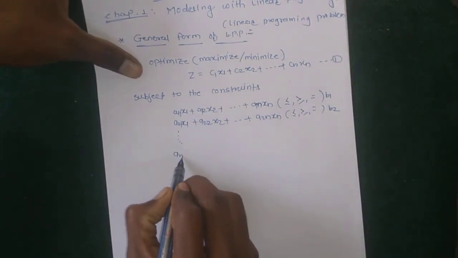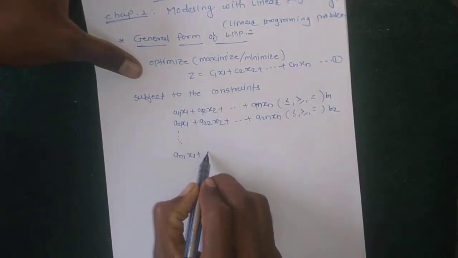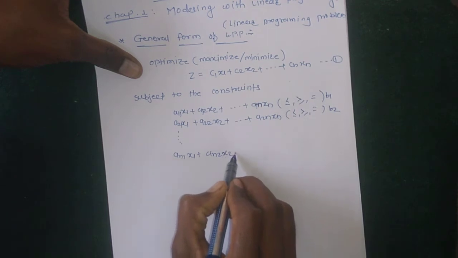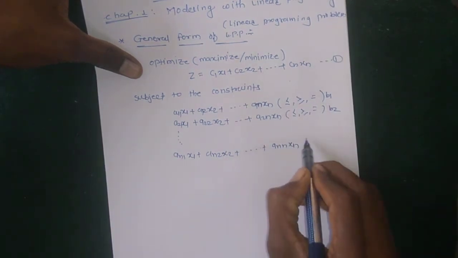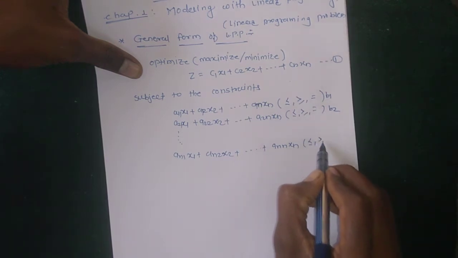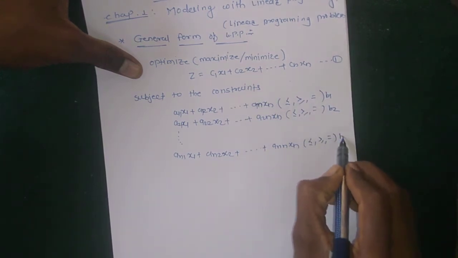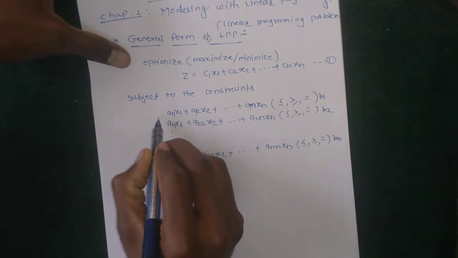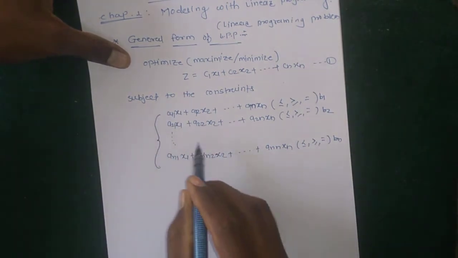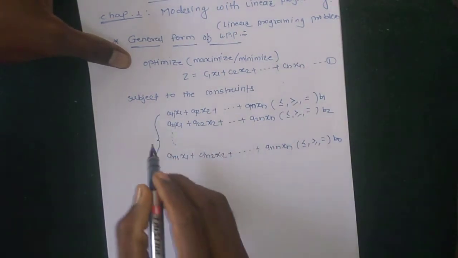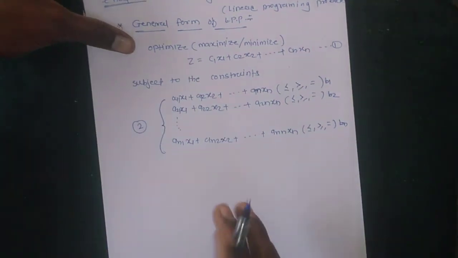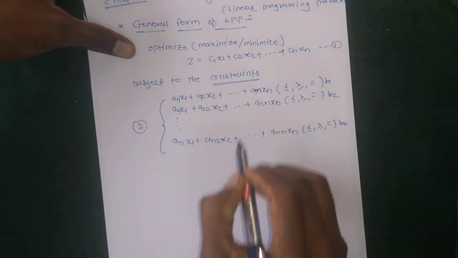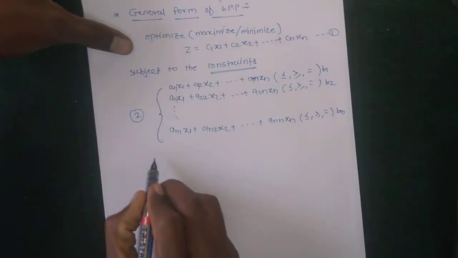In this way, an1 x1 plus an2 x2 and so on up to ann xn is less equal, greater equal or equal to bn. All these equations are called constraints.